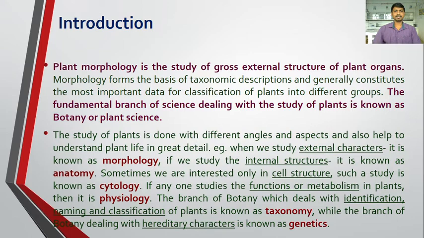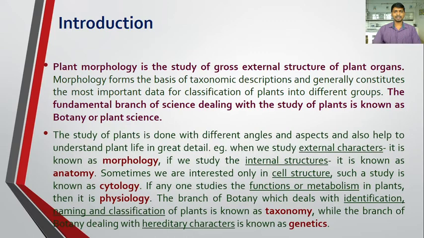If anyone studies the functions of plants or metabolism that has been found in the plant, then it is called as physiology. The branch of botany which deals with the identification, naming and classification of the plant, it is known as taxonomy. While the branch of botany dealing with the hereditary characters, it is known as genetics.